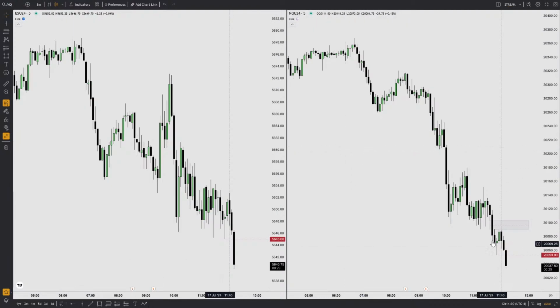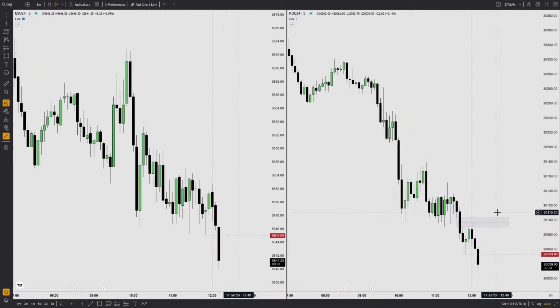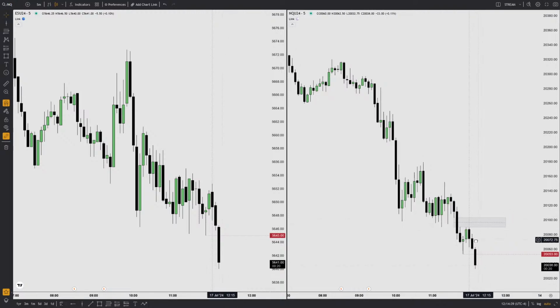NQ didn't even reach into this 5 minutes fair value gap, which also means it's very bearish.